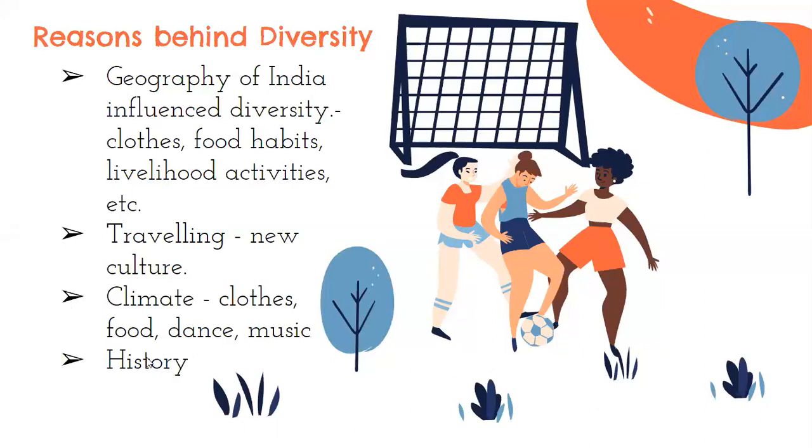And history as well. So students, throughout history, people from outside have come into the subcontinent, and Indians have also gone outside. They've settled in, right? For example, Britishers came from Britain, and they brought their own culture with them, and today we are influenced.